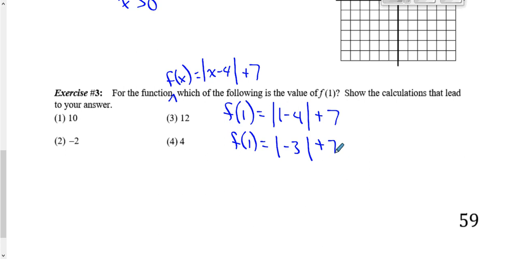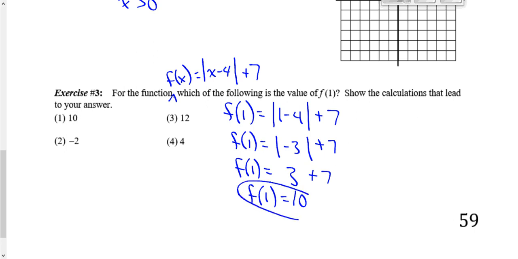Now I take the absolute value of negative 3, right? So f of 1 equals what? 3 plus 7, yeah? Equals 10. Okay? So you see where the absolute value comes in, the PEMDAS sort of operation?